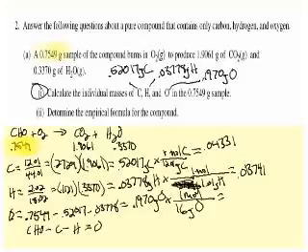And then 0.1970 divided by 16 is 0.0123. And then, because these are moles and I want them to be whole numbers, I'm going to divide by the smallest number, 0.0123. And this will make them whole numbers.